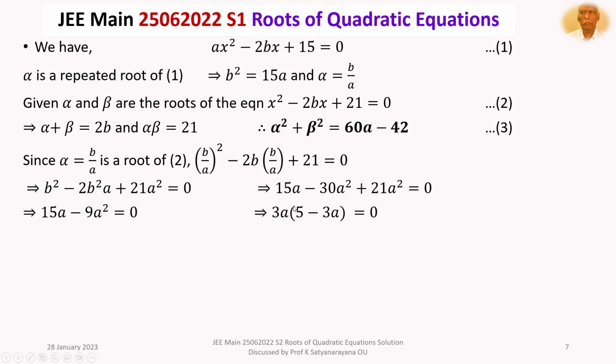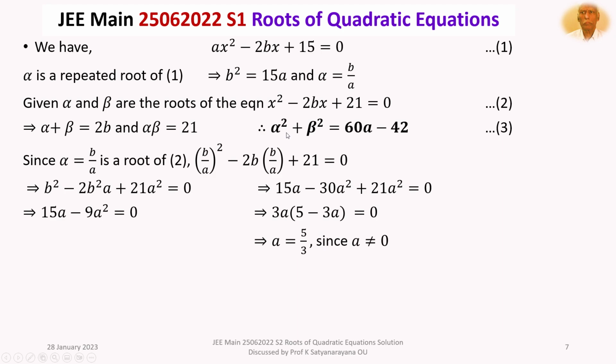If you take out 3a common, 5 minus 3a is equal to 0. a is not 0. Therefore, 5 minus 3a must be equal to 0. Therefore, 3a is equal to 5. Therefore, a is equal to 5 by 3. So, a is not equal to 0. That is why we get one value.